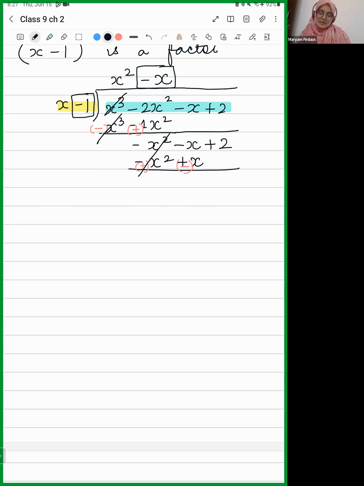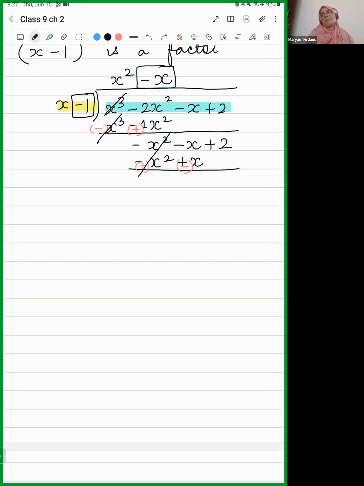What is minus x minus x? This is minus x. And this is also minus x. Is it 2x or minus 2x? Minus 2x. Why minus 2x?